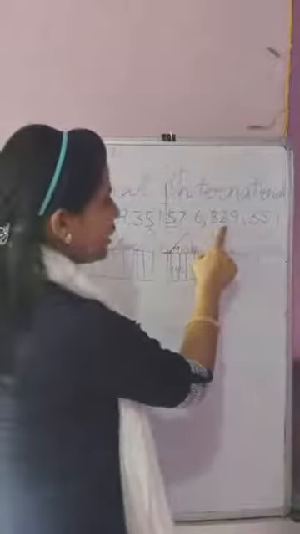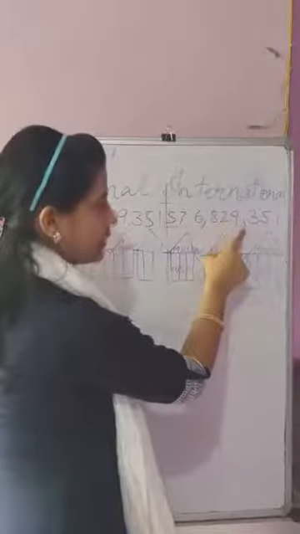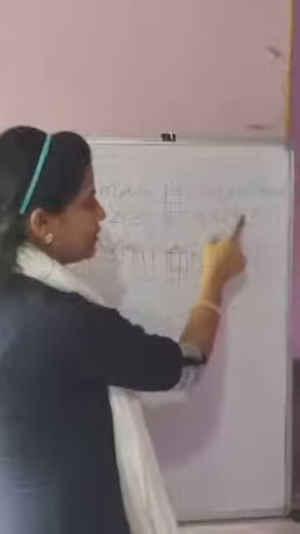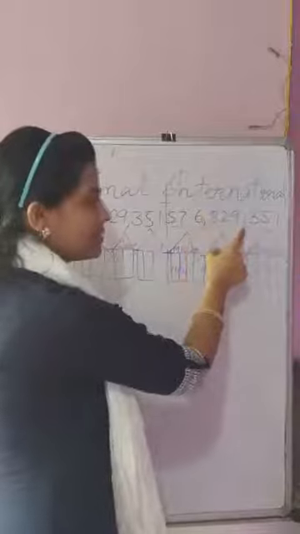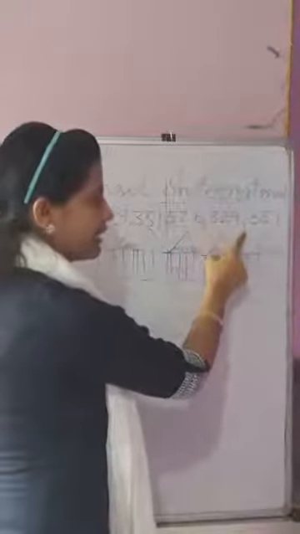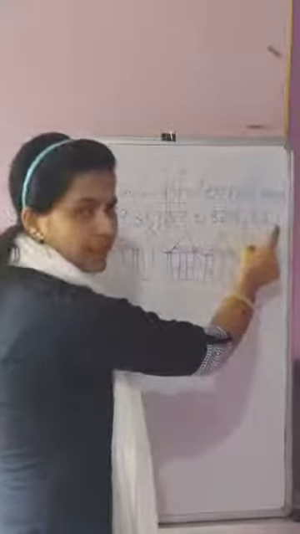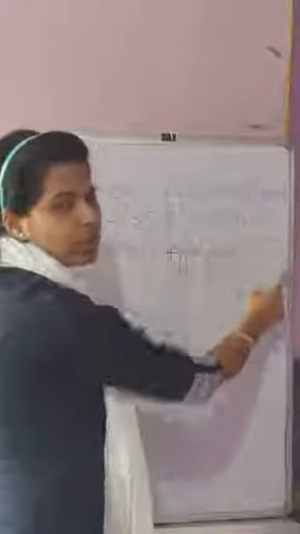So my sketch is not working. We'll do it orally. 829 comma. This comma is representing this period, and this period is 1000. 829,351. There is no comma, so no need to write any period. 351.